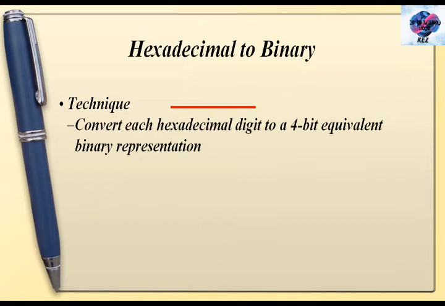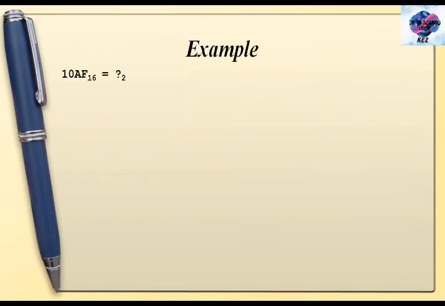Say we have a hexadecimal number, 10AF. So F means what? 15. 15 in binary is 1111. A means 10.